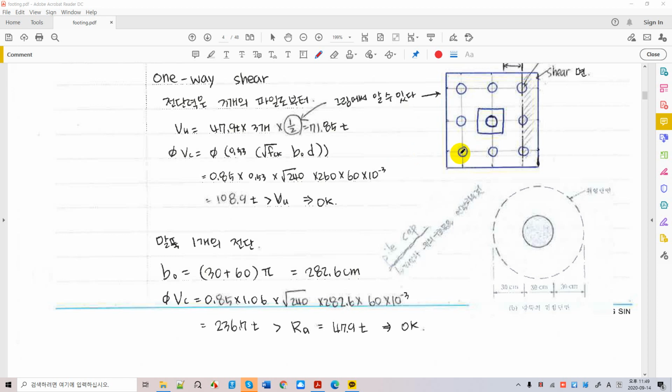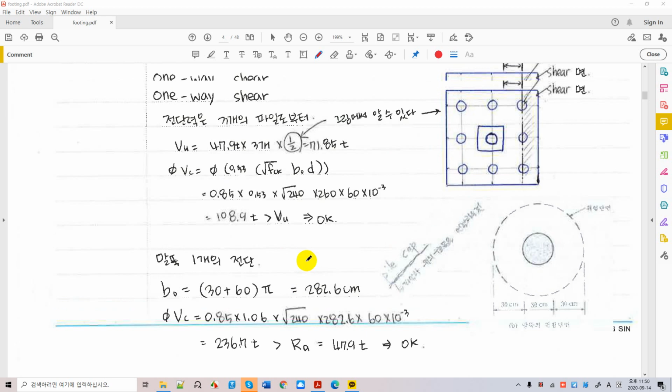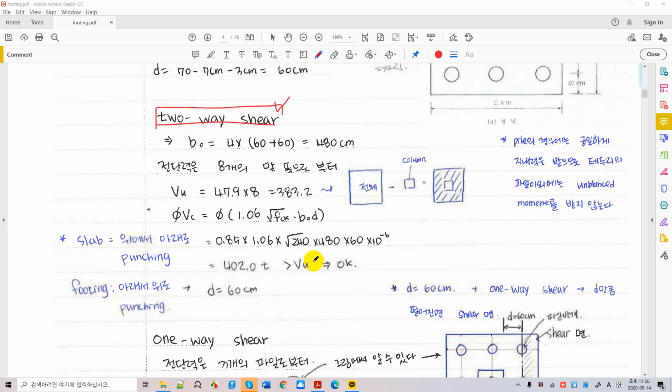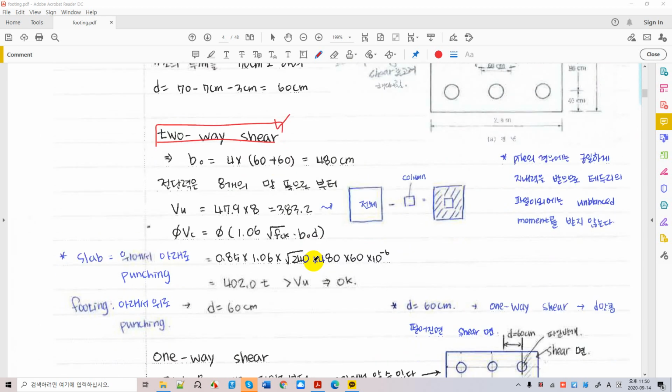So what is that? The punching force provided by this one pile, that's a one-pile force, right? We calculate here the pile force provided by one pile.